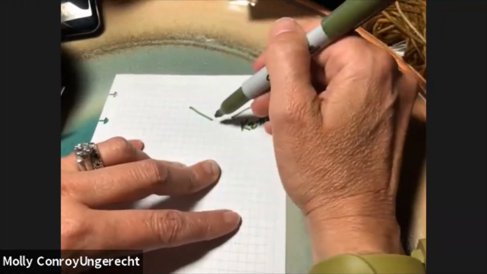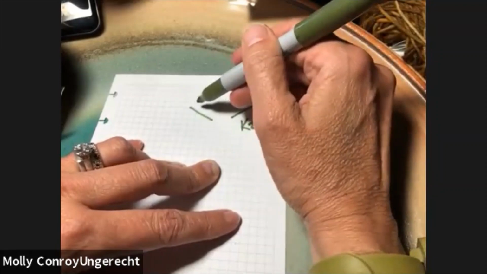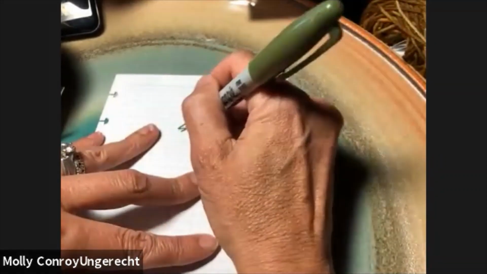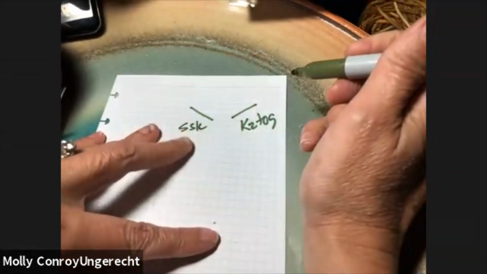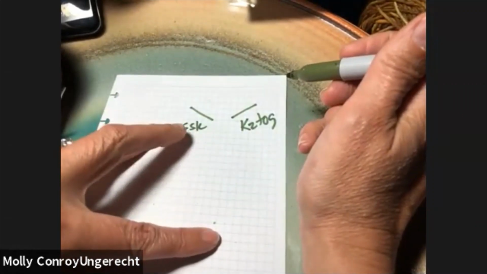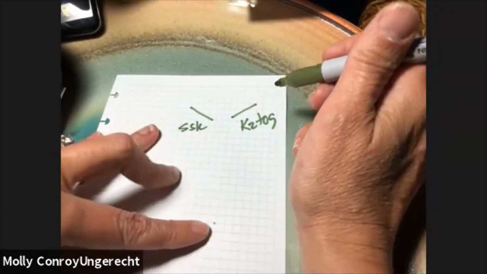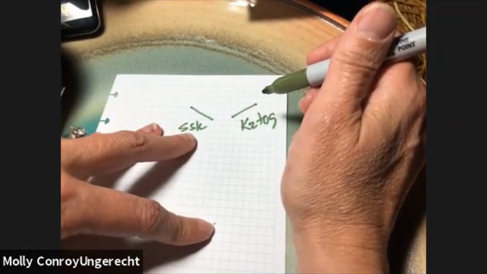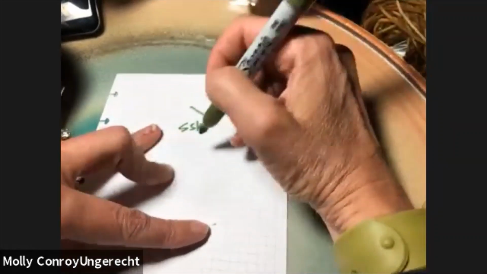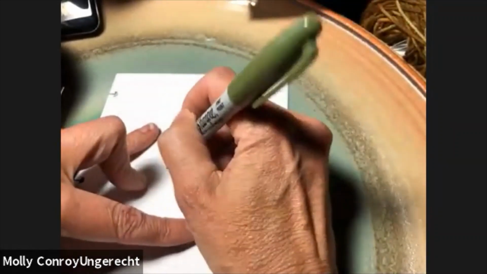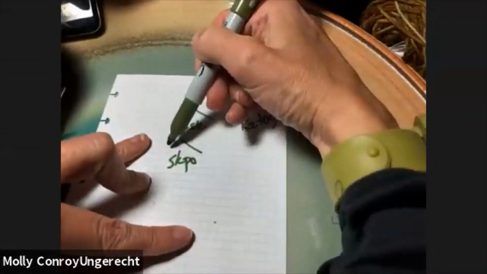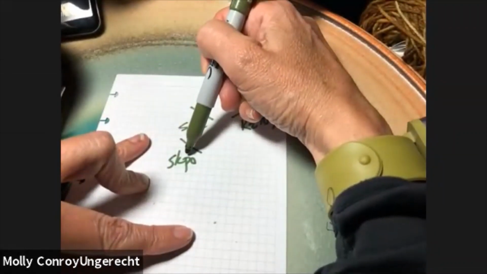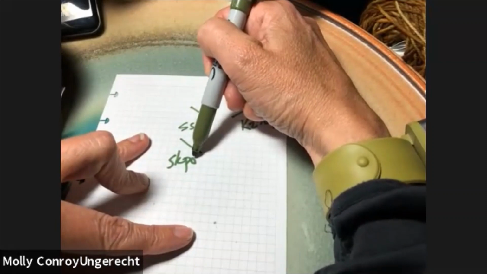Okay, so leaning to the left decreases, there are a few things to consider. Our most standard right now that people are using is an SSK, which is slip, slip, and knit. While that's currently the most popular, that doesn't mean it's our only option. You also have an SKPO, which is slip one, knit one, and pass your slip stitch over.